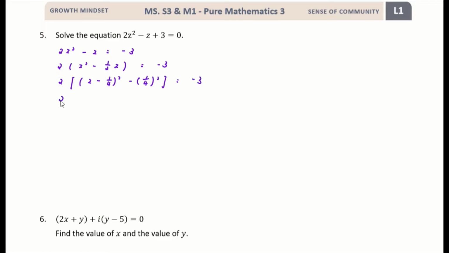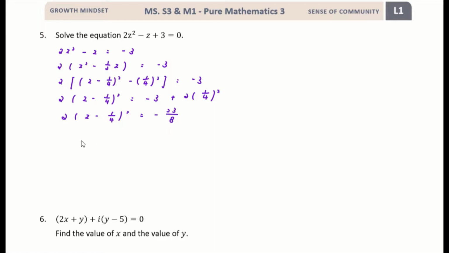So now let's try to expand it. I'll straight away bring this one to the other side, so equal to negative 3, and then plus 2 multiplied by 1 over 4 squared. Okay, so from here, I just copy this first, and let's try to solve the right hand side. When you solve this, I will have negative 23 over 8.